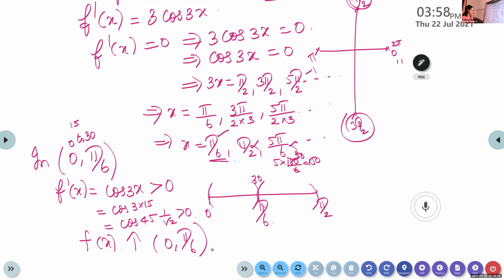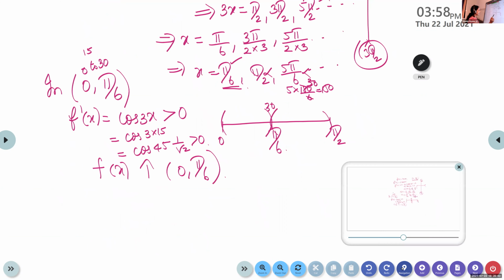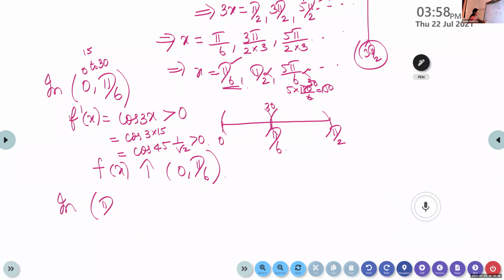Now take the next interval. Which is the next interval? Pi by 6 to pi by 2. So between pi by 6 to pi by 2, which value can you take, Punya? 30 to 90. In the interval pi by 6 to pi by 2, which known value can you consider?